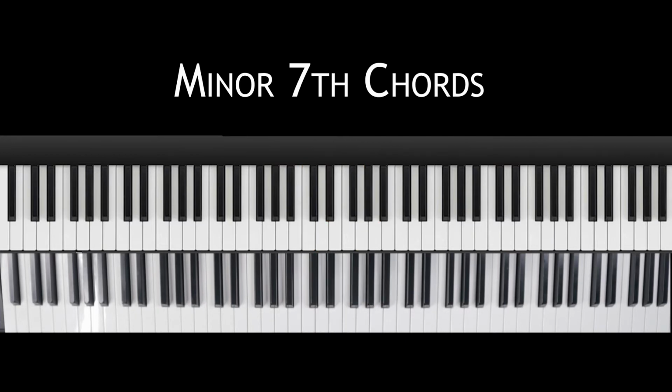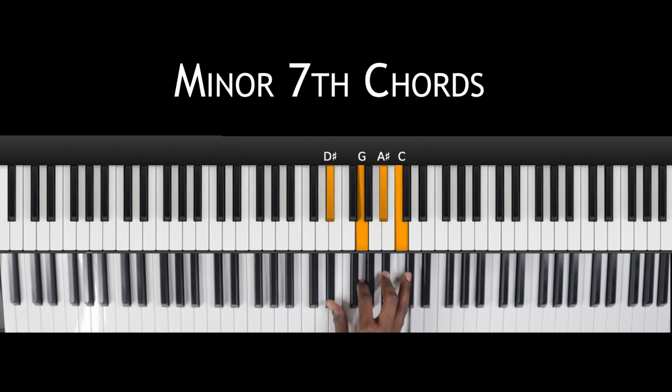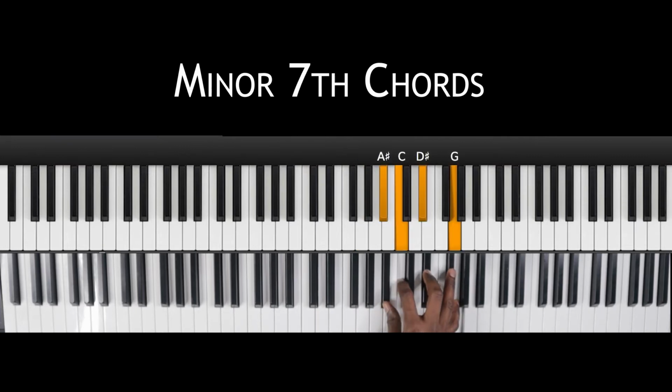All right. Now, again, there are 4 different ways to play this, or 4 different positions to play it. So you have the root, then you would have the first inversion because you put the root on top. And then the second inversion when I put the third on top, and then third inversion when I add the G on top.